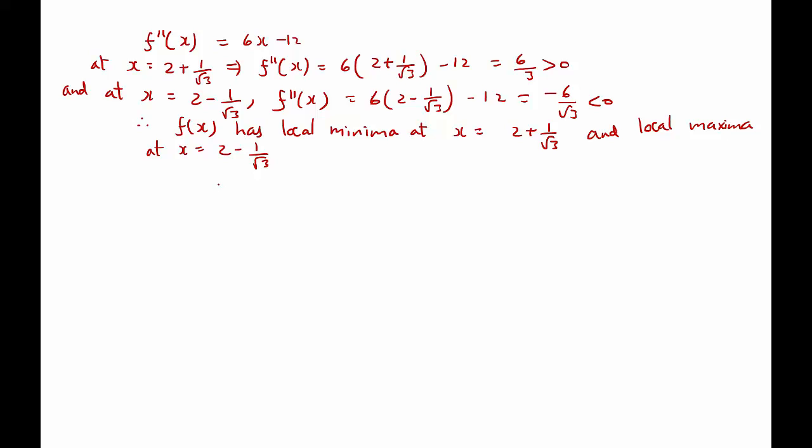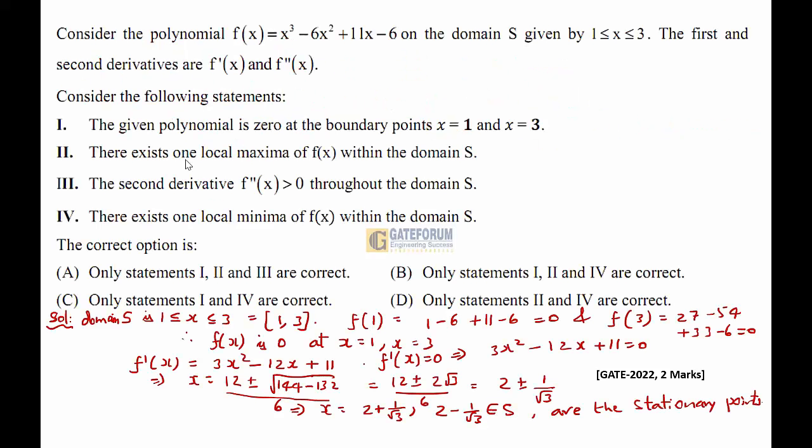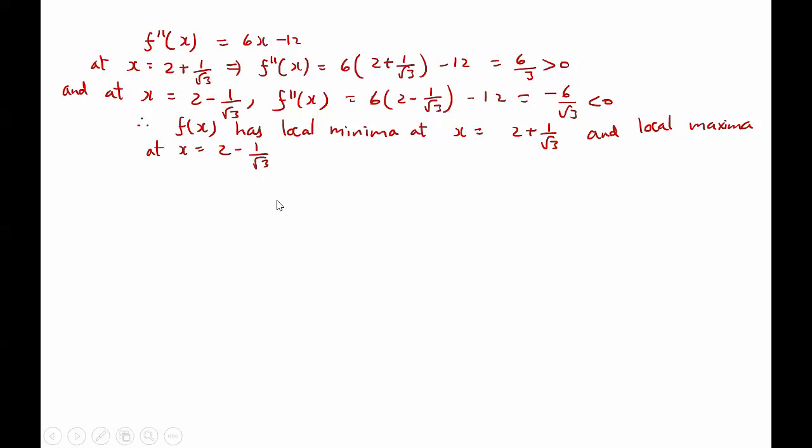Okay. Now, what is another statement given? The second derivative f double dash x greater than 0 throughout the domain S. That means for all x values in the closed interval 1 to 3, is f double dash x greater than 0? For one of the stationary points, 2 minus 1 by root 3, f double dash x we got less than 0.